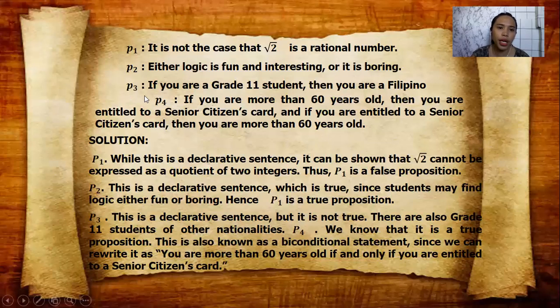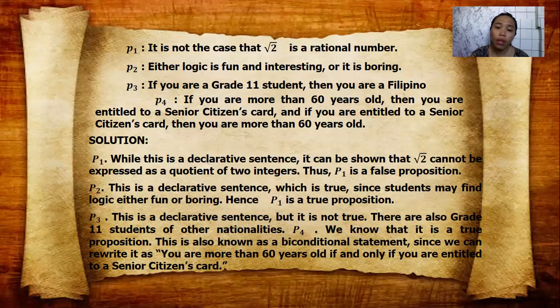Let's have P sub 3. P sub 3 is the proposition: if you're a grade 11 student, then you are a Filipino. It's still a declarative sentence. It's not asking for something, not commanding, not requesting, and not an exclamatory form. So it's a declarative sentence, and we can consider it a proposition.